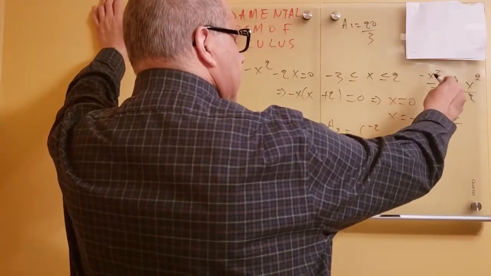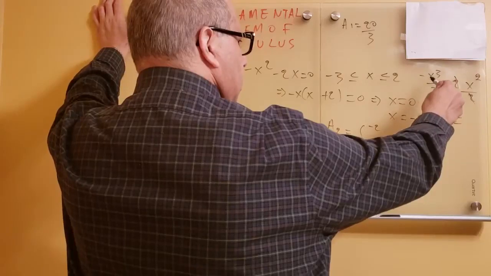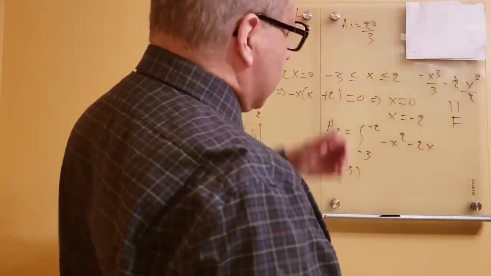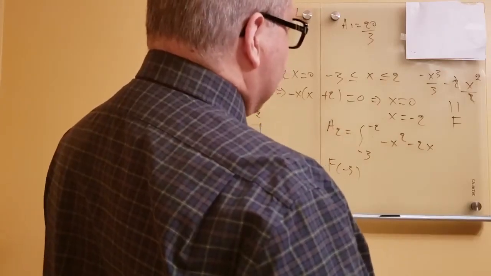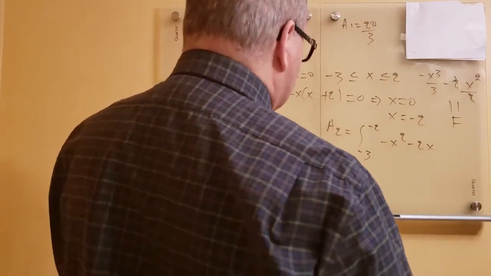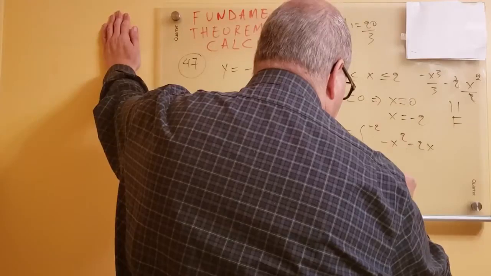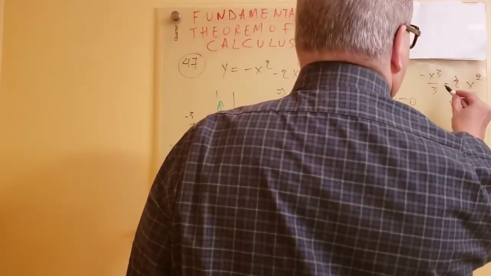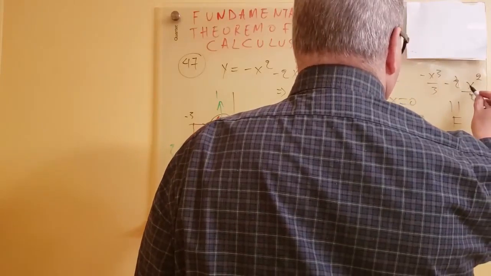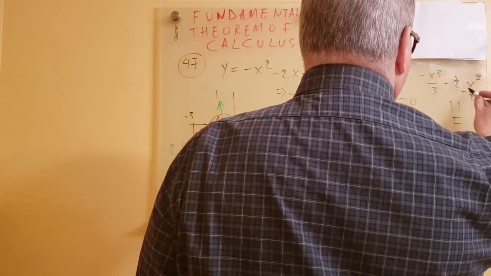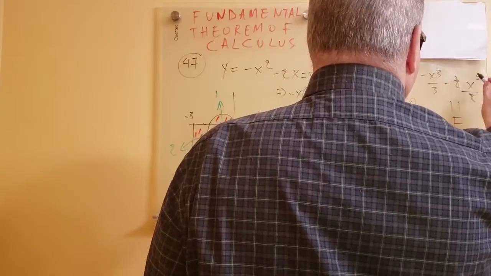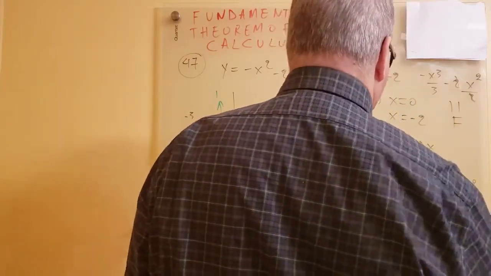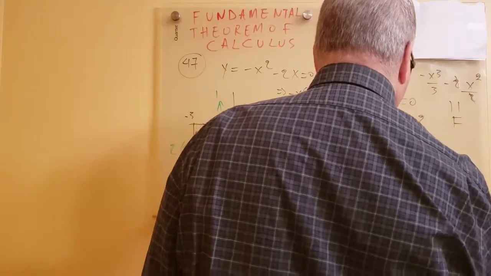It's minus the -3 to the third, so that's minus the minus, so plus 27 over 3, which is equal to 9, and then you have minus the -3 squared, which is 9, so it's -9, so it's 0.